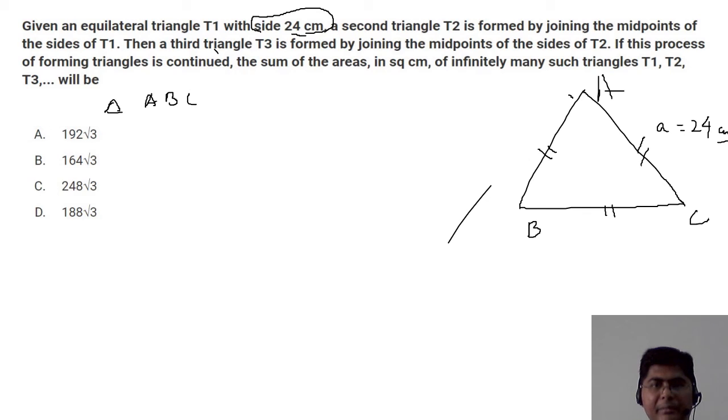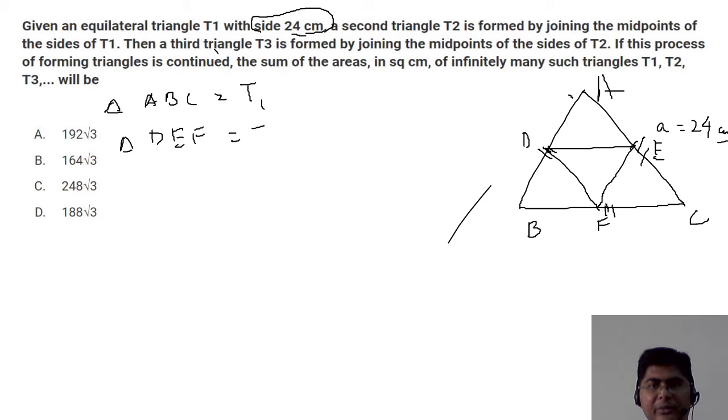So triangle ABC is T1, right? What is T2? This is the midpoint, this is the midpoint and this is the midpoint. So let's create another triangle. So this is D, E and then F. So triangle DEF is equal to T2.